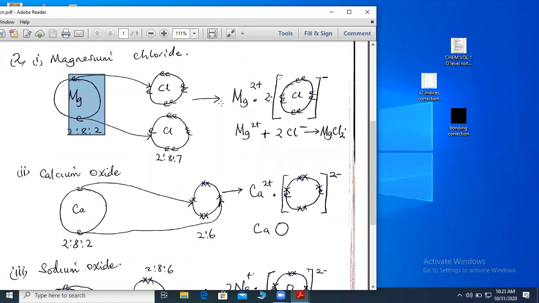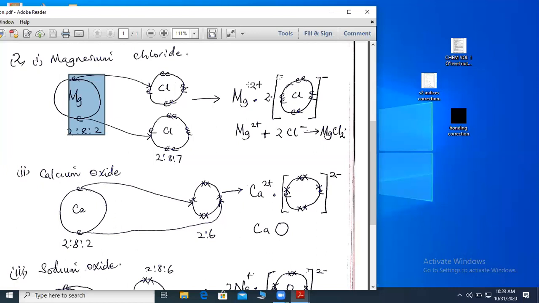So after all that process, when magnesium loses the 2 electrons, it will have a positive charge, and there will be no shell because the shell has been containing 2 electrons and all of them have been lost. So we have magnesium with 2 positive charges. The charges are put on the top right corner.